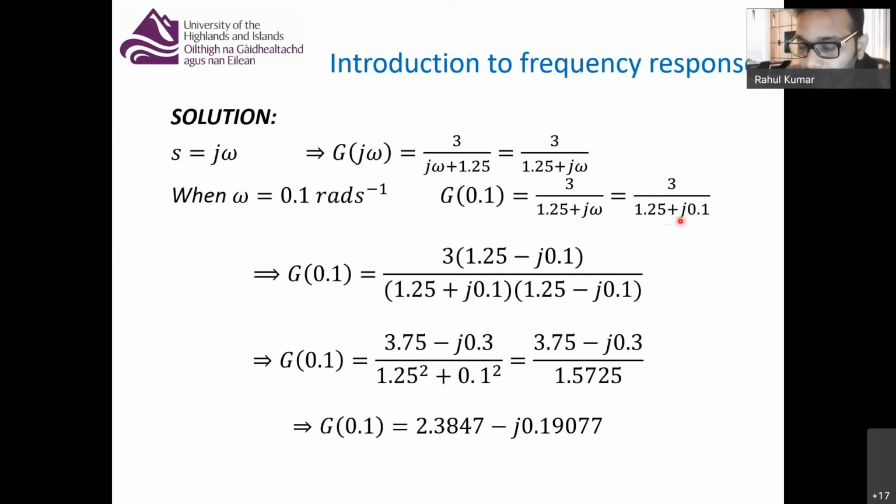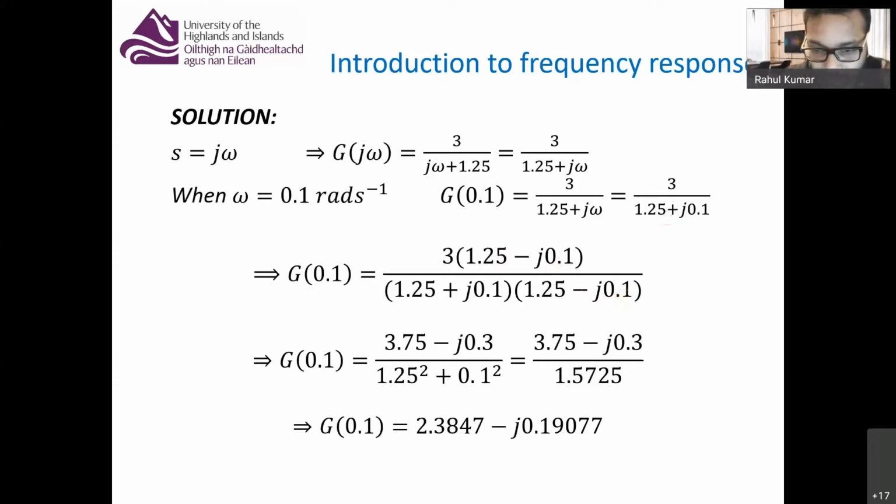Its complex conjugate will be 1.25 minus j 0.1. If you have plus here, it will be minus. So we have multiplied the same complex conjugate in the numerator and the denominator.